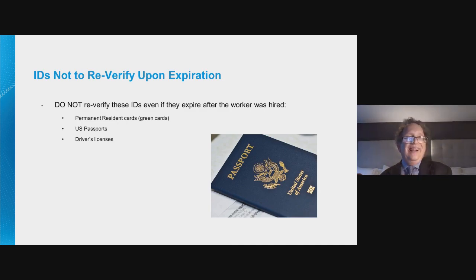A few items not to re-verify: passports, green cards or permanent resident cards, driver's licenses. I once had a client who parked cars and they also did some chauffeuring. And so obviously having a current driver's license was really important.